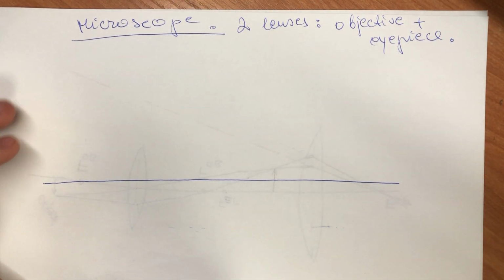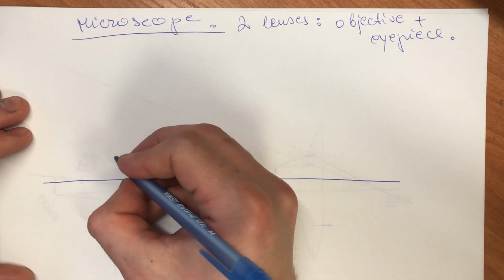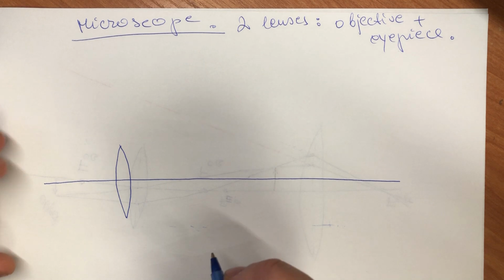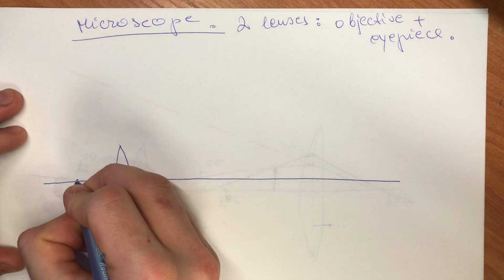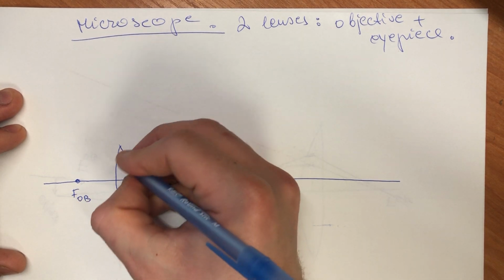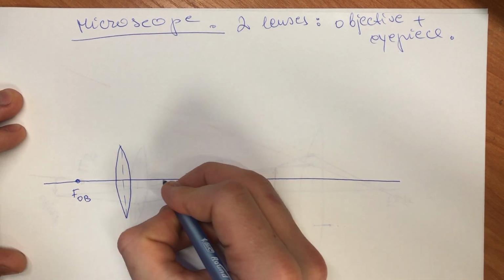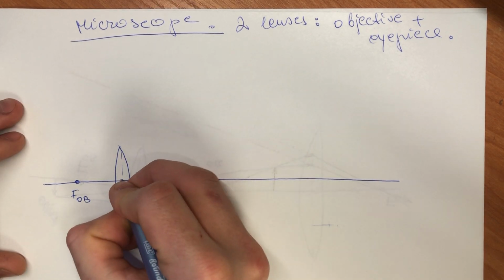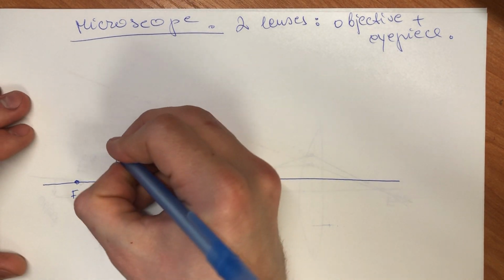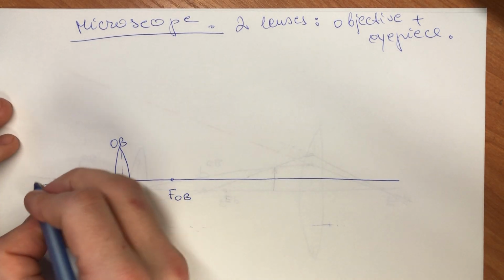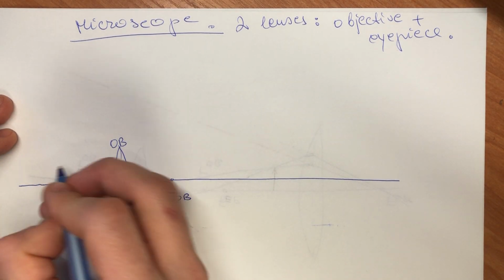Two lenses, objective and eyepiece. So if we have one lens and it has a focal point, this is the objective, and the focal point of the objective is here. Let's call it OB, objective.